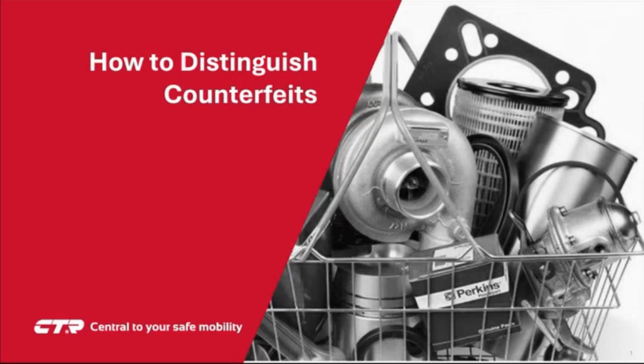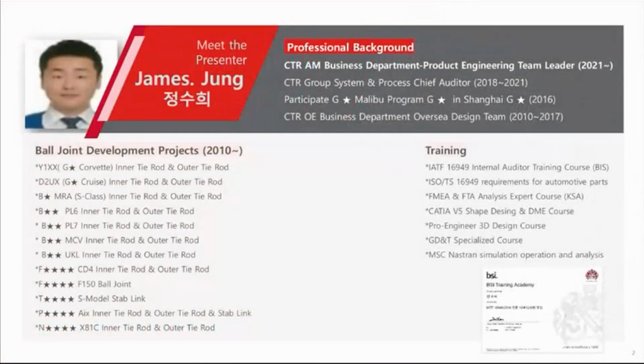Hello everyone, my name is James Jung, and I'm currently the team leader of the product engineering team at CTR AM Business Department. I've been working in the automotive component industry since 2010, specializing in ball joint and tie rod development for various global OEM projects. Over the years, I led and participated in development programs for brands such as Corvette, S-Class, F-150, and Malibu.